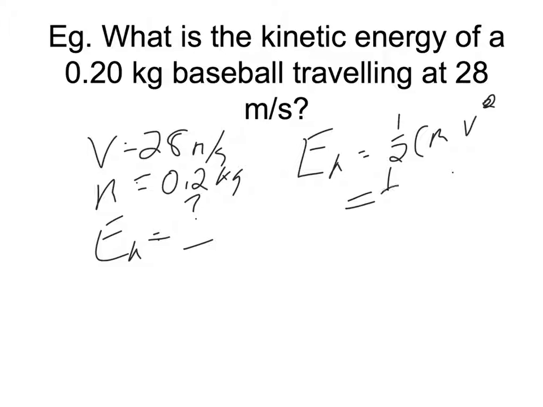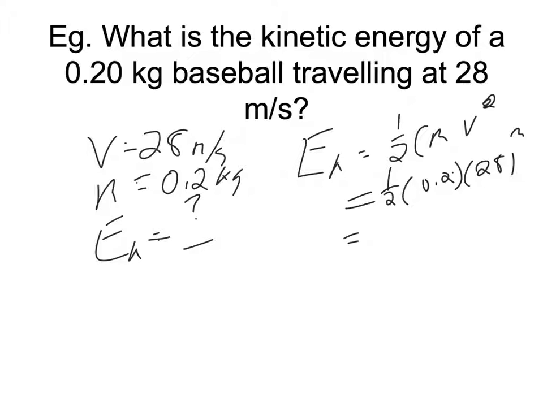So, it's 1/2 of 0.2 times 28 squared. By the way, a good way to put that through a calculator, instead of putting in half, just put in 0.5 times 0.2 times 28.